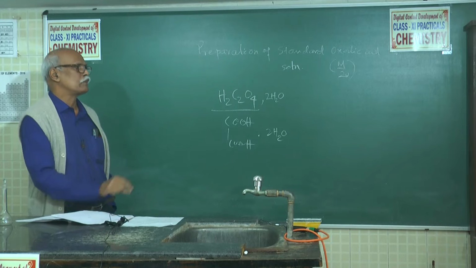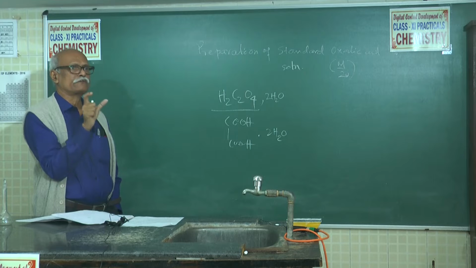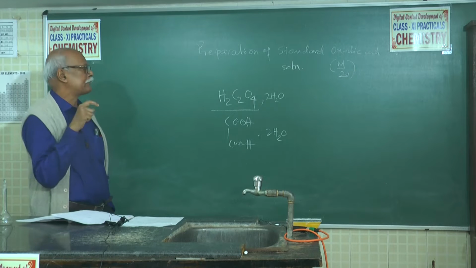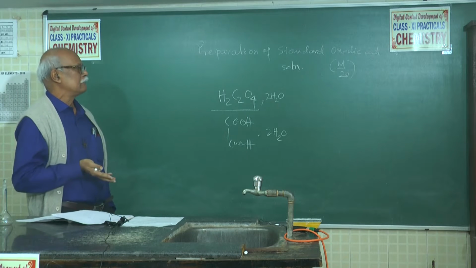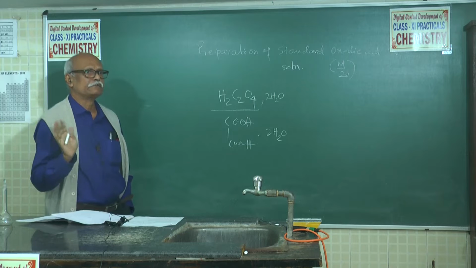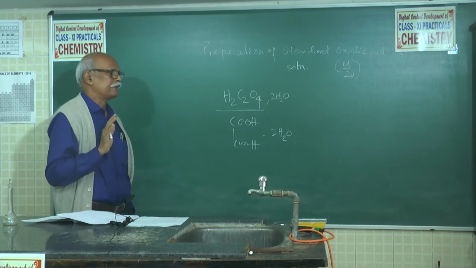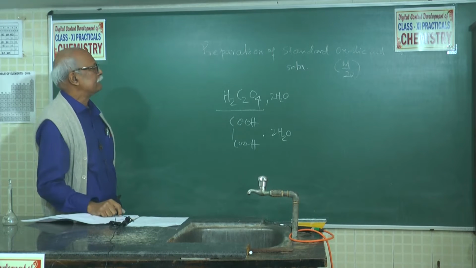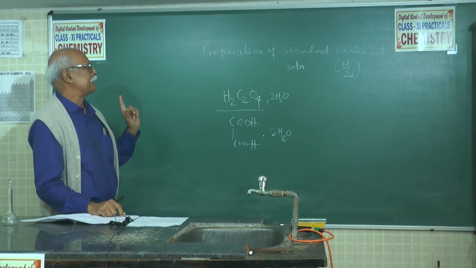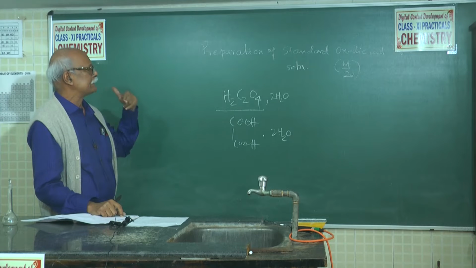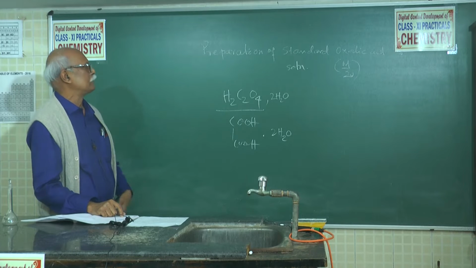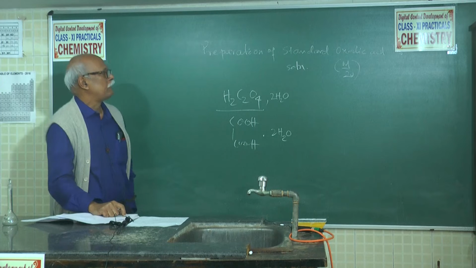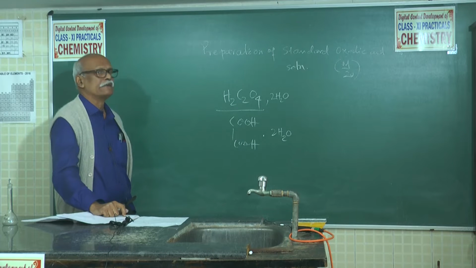So a standard solution is a solution of known strength, and you have to titrate against the other solution which is not a primary standard. That secondary standard's concentration or normality can be found out by titrating against a standard solution.